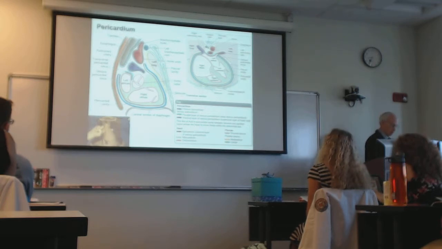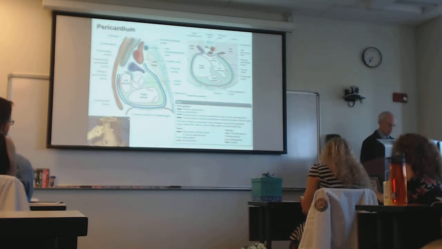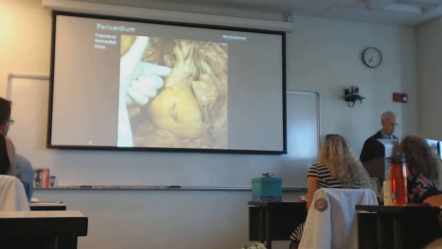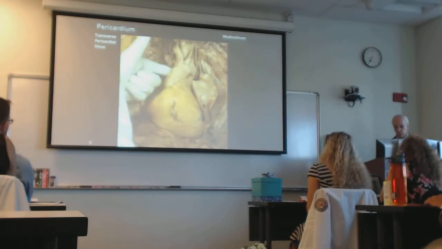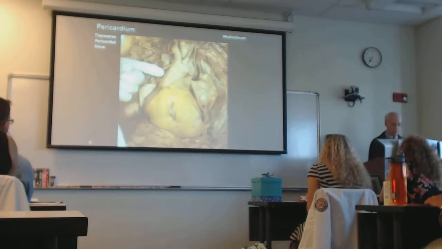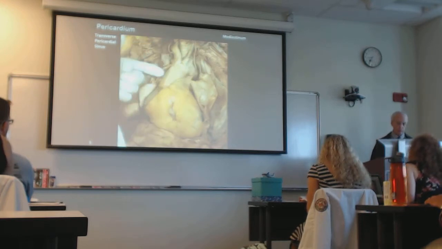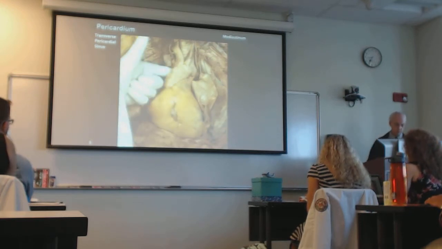But it's in that little white region that you see there that the fluid of the pericardial space would be located. And you can see the individual here putting their finger in the transverse pericardial sinus. That would enable, for example, clamping of the aorta or clamping of other associated structures.